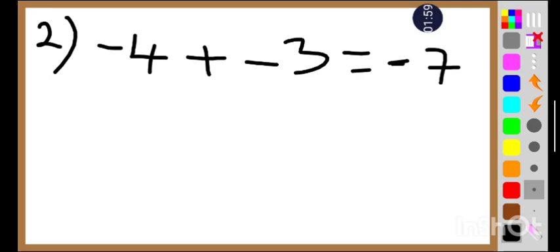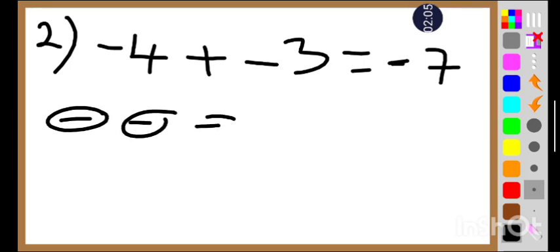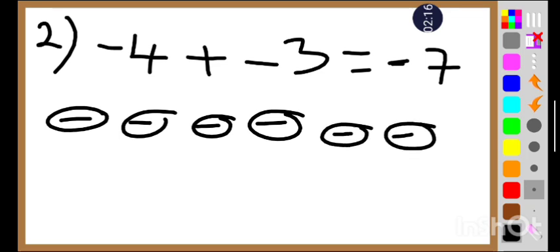Negative 4 means you have 4 negatives: 1, 2, 3, 4. Plus negative 3: 1, 2, 3. How many negatives are there? 1, 2, 3, 4, 5, 6, 7. So negative 4 plus negative 3 is negative 7.